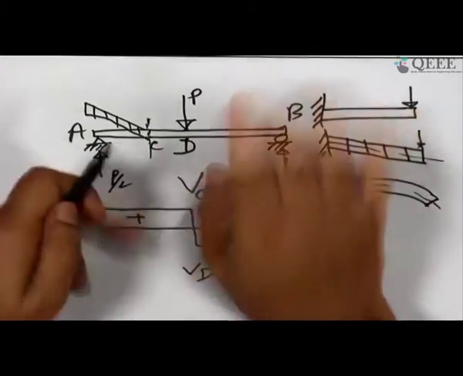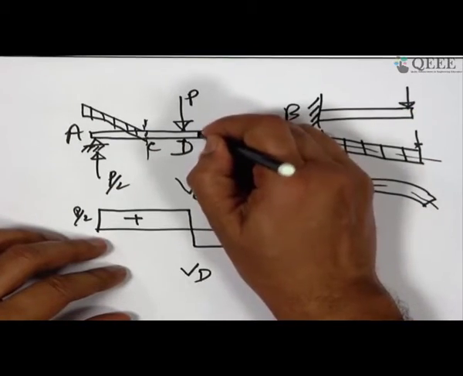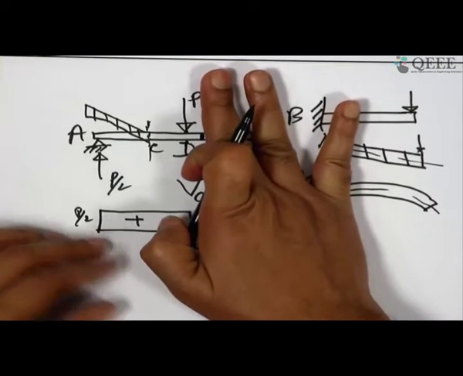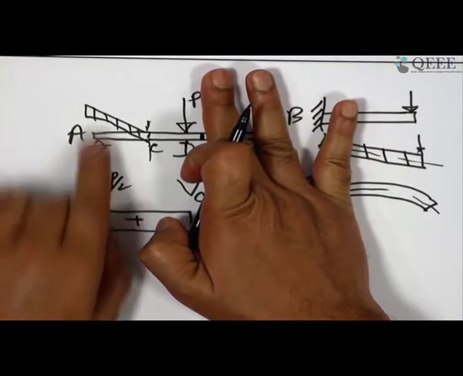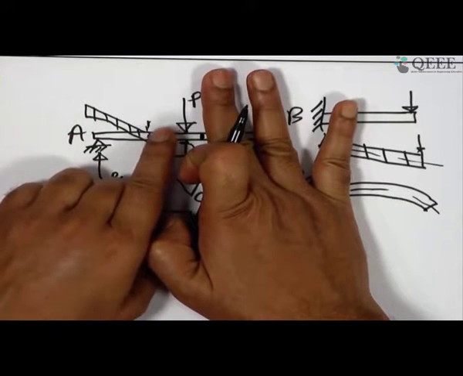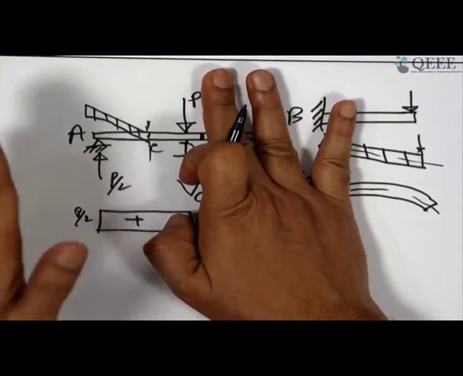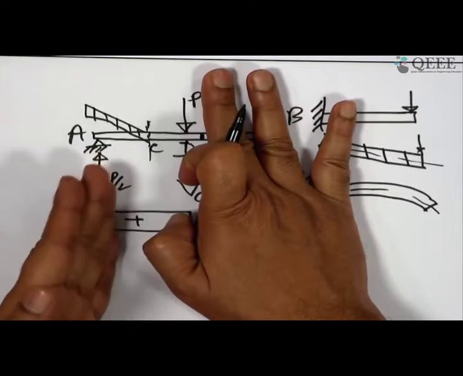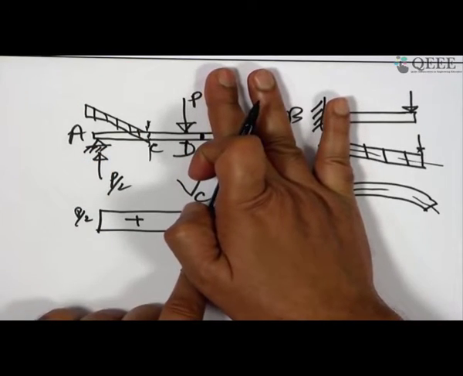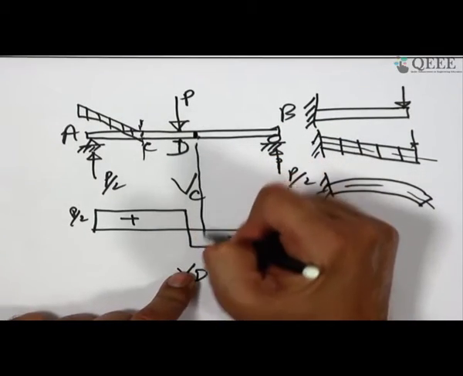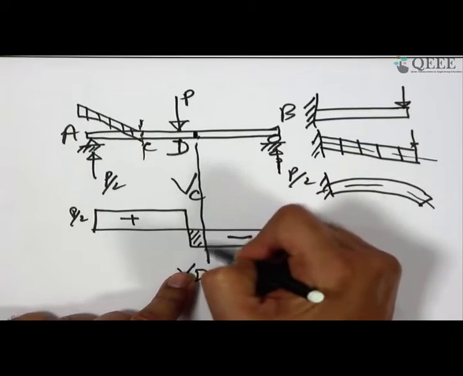So, now sitting at a section just at its right, if you look towards left, what you will see is that you have a shear force P by 2 minus P, which is actually minus P by 2. So, you remember your convention, left up right down, you have left down. So, according to you, you have a negative shear force, and you have a negative shear force acting here.